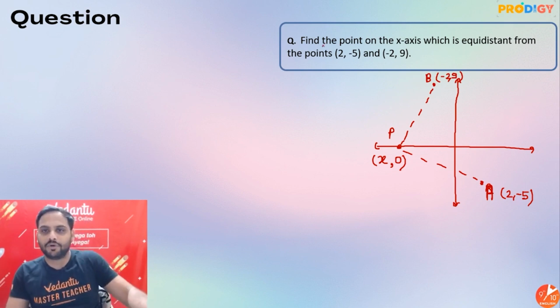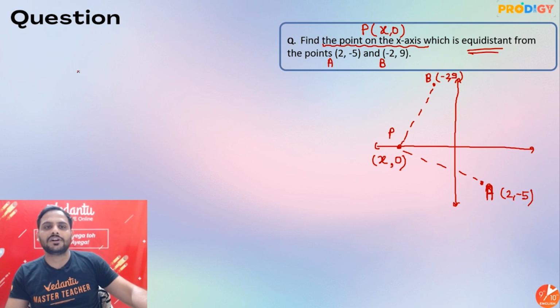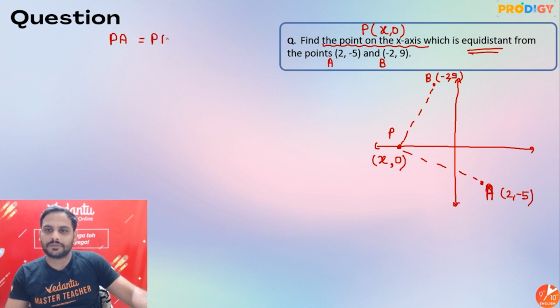So let's say the point on the x-axis they are asking about is a point P whose coordinate is x comma 0. This is point A, this is point B. Now since it is equidistant, equal distance, whenever you hear the word equidistant, remember guys, PA is equal to PB. That means the distance between P and A is the same as the distance between P and B.